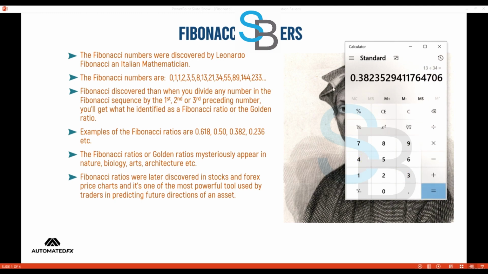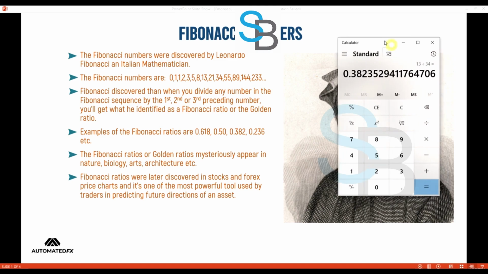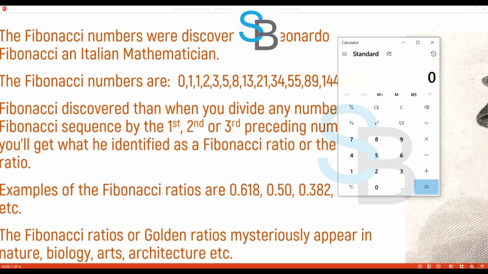So it turns out that these numbers 0.168, 0.38, even 0.5, 0.236 are what we call Fibonacci ratios, or the golden ratios.